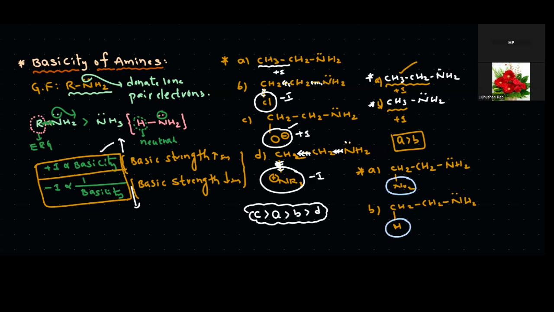The NO2 group acts as a minus I, and hydrogen acts as neutral, so it neither loses nor gains electrons. But minus I withdraws electrons and decreases the basicity.